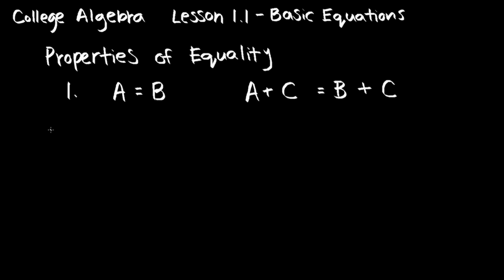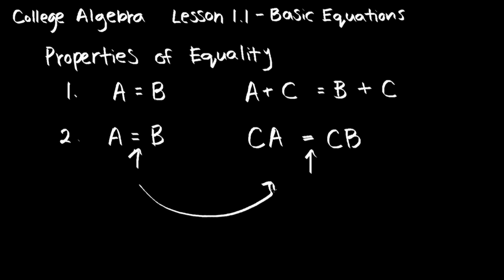And the other is if we have the same equation, A equals B, if you were to multiply by a factor, a quantity C on one side of the equation, you must do it on the other, right? In order for the equality to remain and for these to be equivalent.